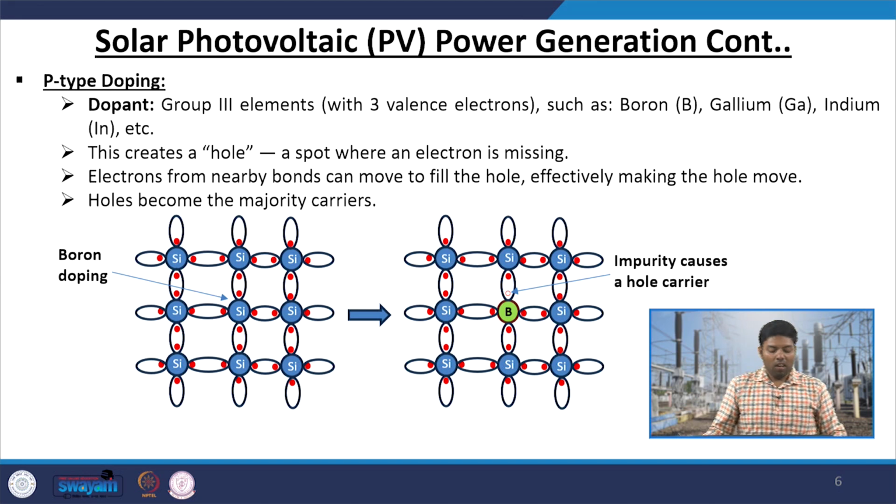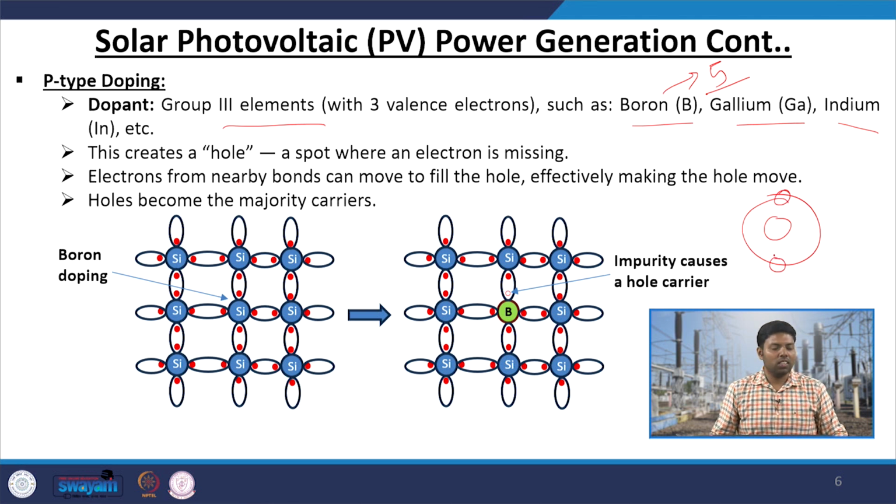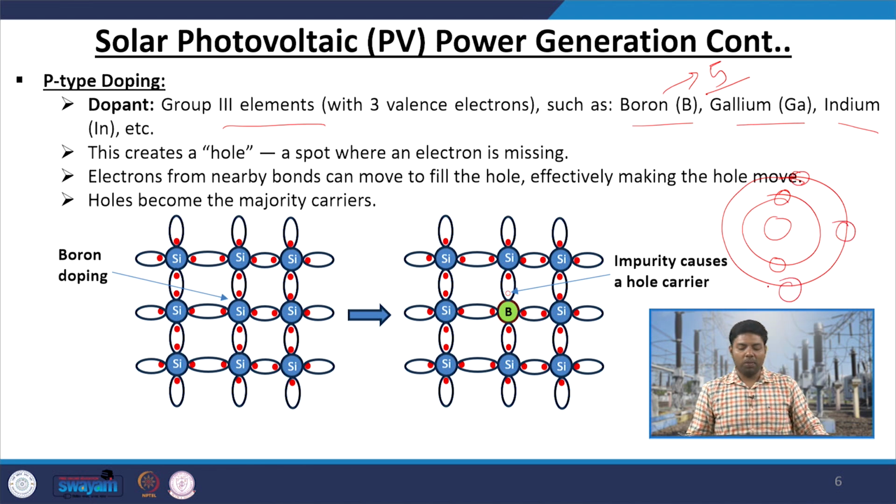Similarly, for P type doping, we use group 3 elements like boron, gallium, indium and others. The atomic number of boron is 5. That means it has 2 electrons in its first orbit and 3 electrons in its second orbit.